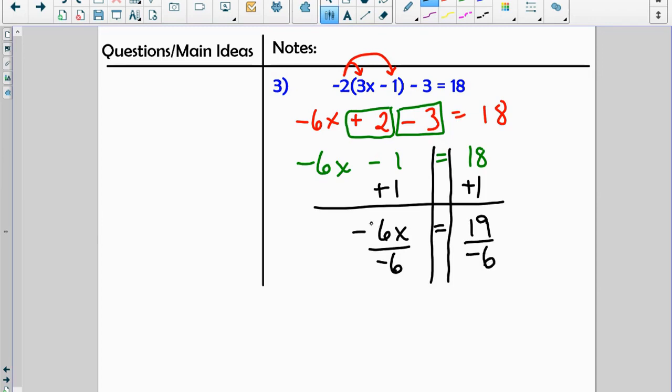I divide by negative 6 because I'm trying to turn that into a positive x. And on the other side, I know I can't divide 19 by 6 because I'd get a decimal. It's actually a repeating decimal. So in this case, I'm definitely going to leave my answer as an improper fraction. And since 19/6 cannot be reduced, I can leave it like that.